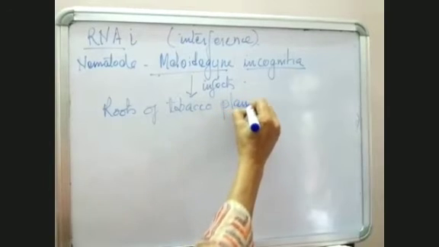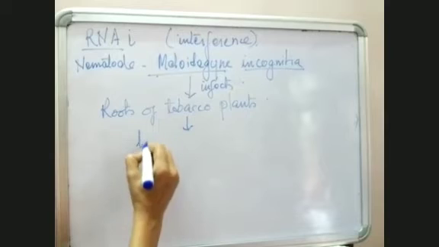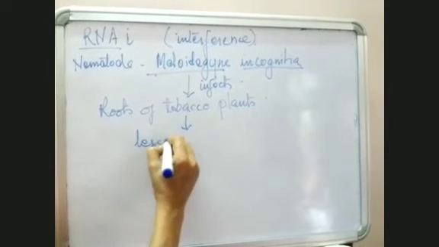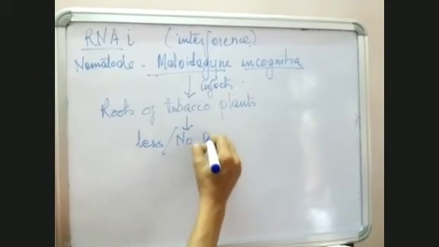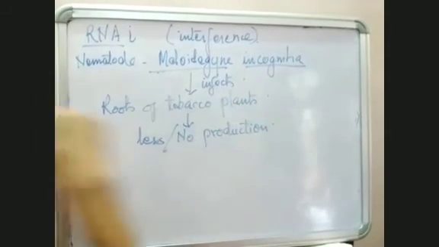As a result, when the roots of the tobacco plant are infected, there is less or no production. So productivity is affected.